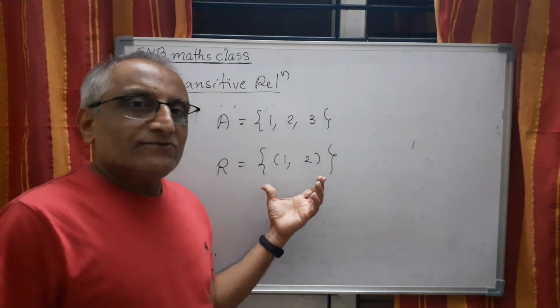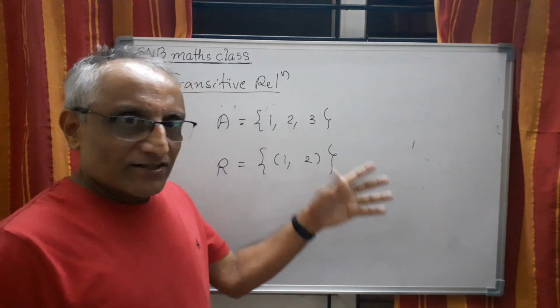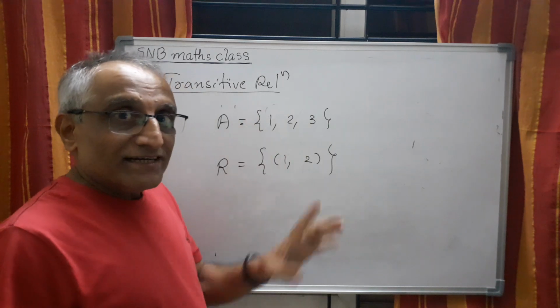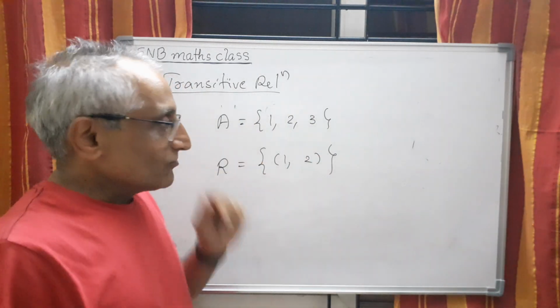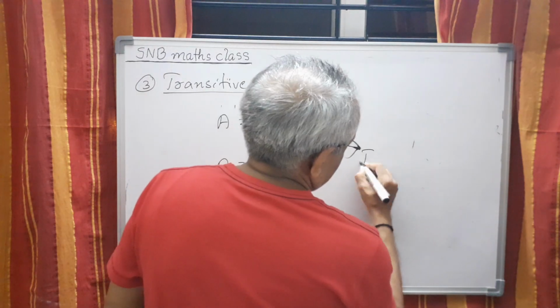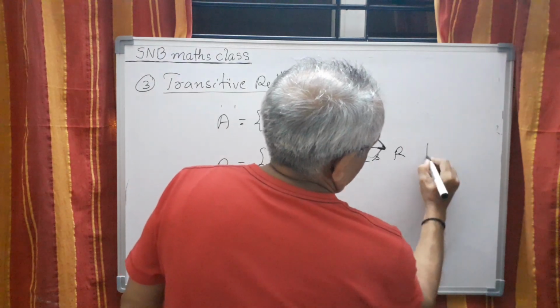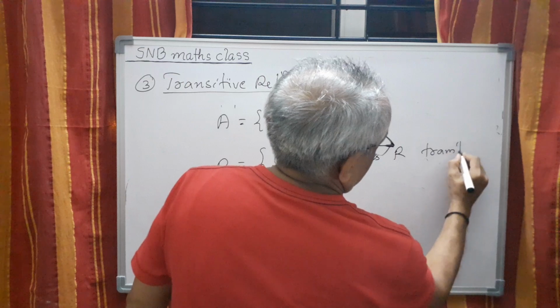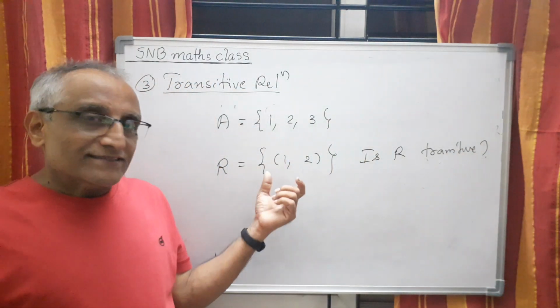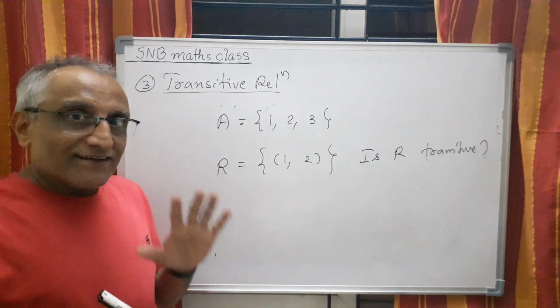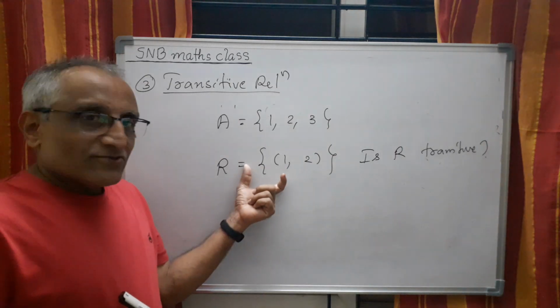Is it reflexive? No, because (1, 1) is not there. Is it symmetric? No, (1, 2) is there, (2, 1) is not there. Now my question is: is R transitive? So please think about this question, and in the next lecture let me start the session with this question only.